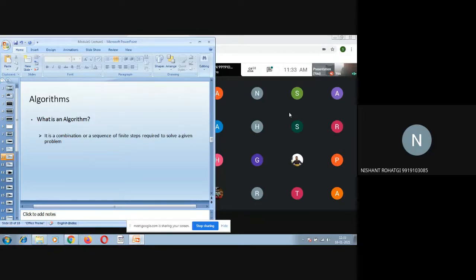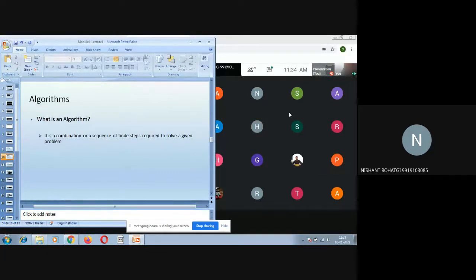What all sorting algorithms have you studied? In the previous course, what algorithms have you already studied? Yes, Paul? Selection sort, bubble sort, merge sort, counting sort, quick sort, radix sort. Oh, great. So you have already studied most of the sorting algorithms.